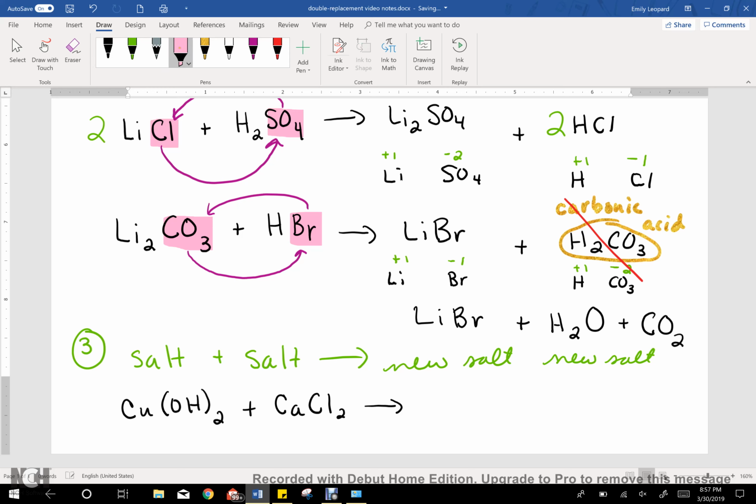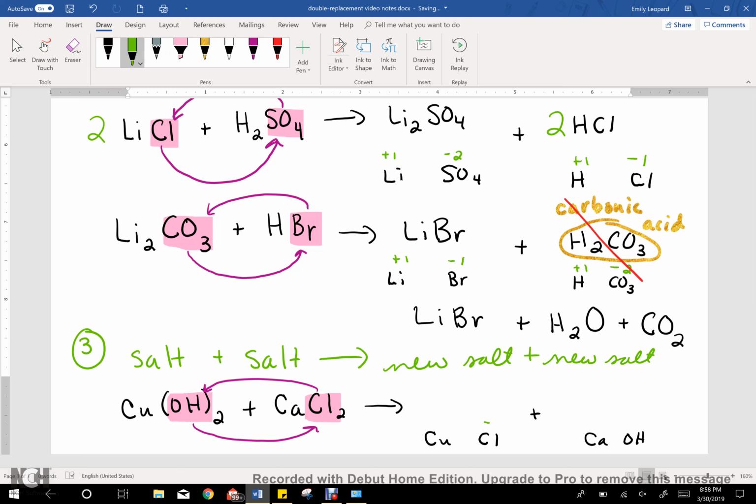So here we go. We're going to do our swap again. So chlorine comes over to be with copper. Hydroxide comes over to be with calcium. So we're now going to have copper and chlorine for 1 salt. And then we're going to end up with calcium and hydroxide for our other salt. Okay.